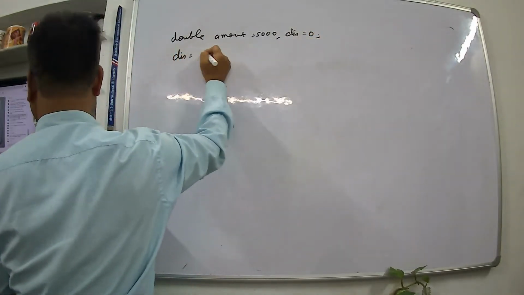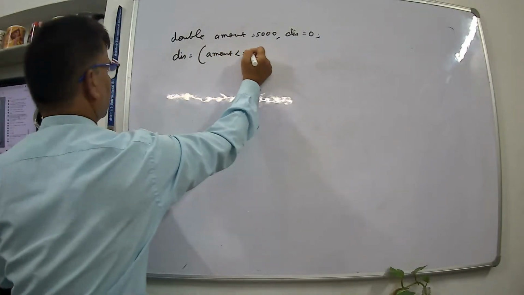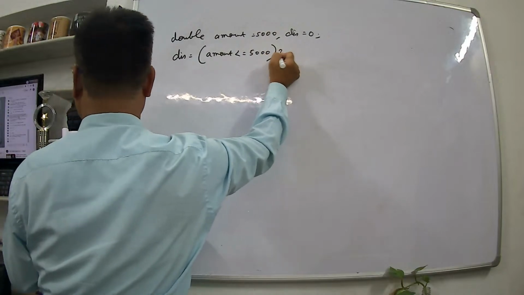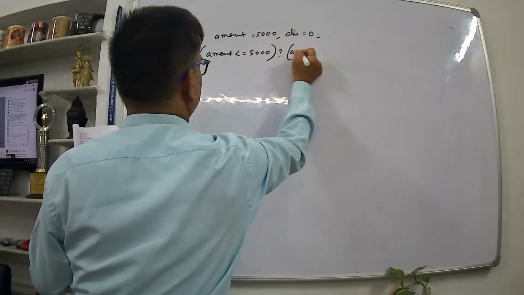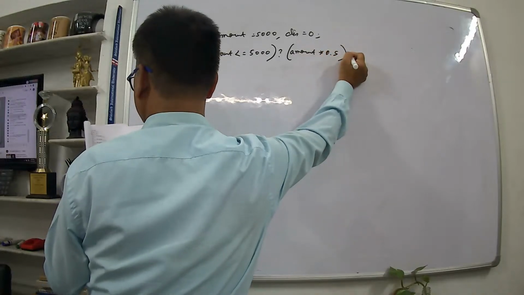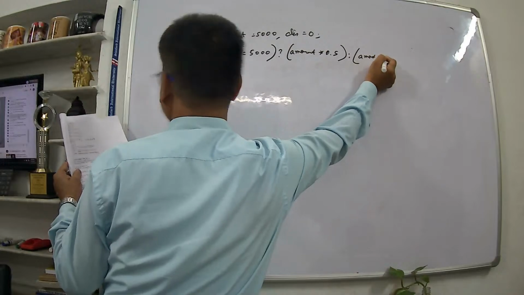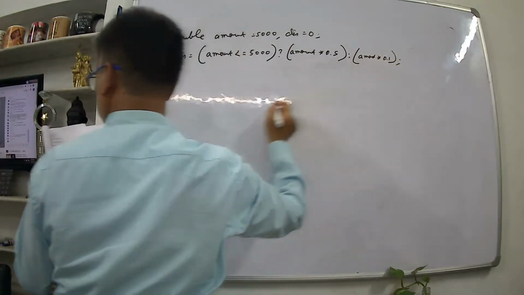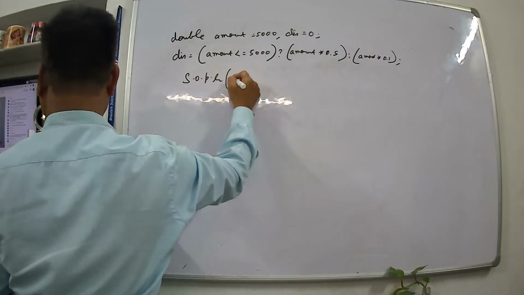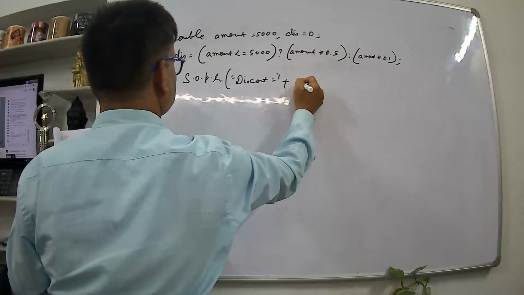Discount is equal to amount less than equal to 5,000, question mark, amount into 0.5 colon amount into 0.1. System.out.println discount is equal to plus.